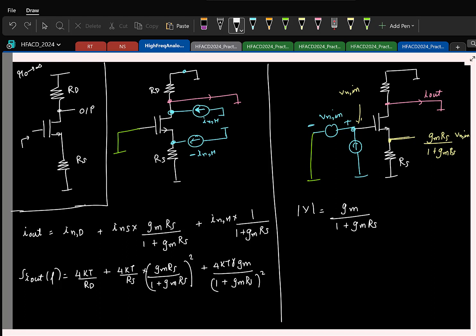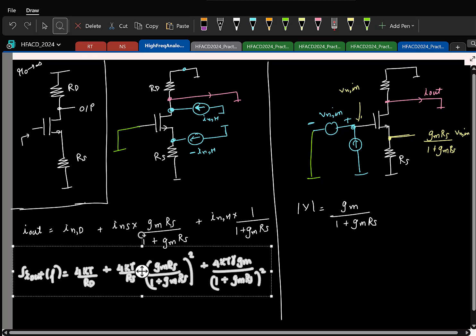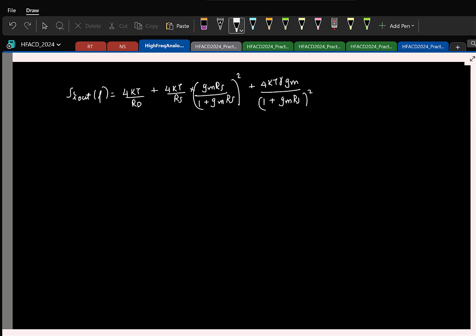So then you divide the two. Let me actually divide it just so that I can make one point. So I'll divide it and write the full expression. This is Vn of f. This is what we are supposed to divide with.